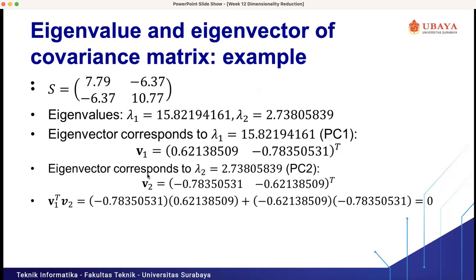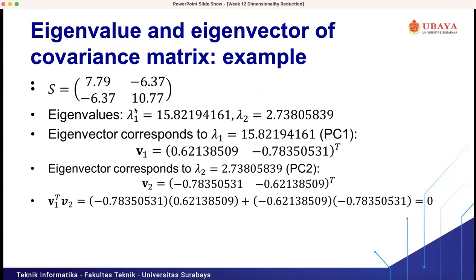And for the eigenvector that corresponds to lambda 2, V2 equals minus 0.78 and minus 0.62. This is the eigenvector that corresponds to lambda 2. Okay, so after we get this covariance matrix, we need to calculate the eigenvalues and eigenvectors from this covariance matrix.